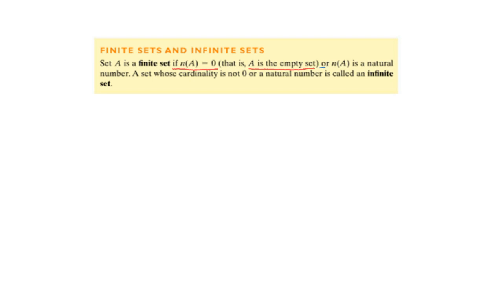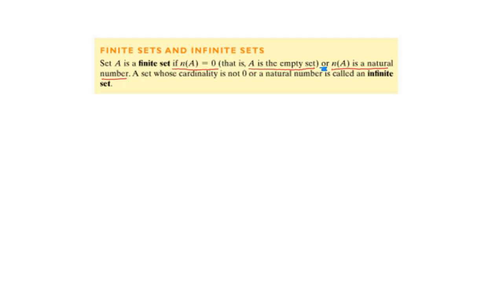And then it says, or the cardinality of A is a natural number. So for it to be a finite set, the cardinality can be 0 or a natural number. And it says a set whose cardinality is not 0 or a natural number is called an infinite set.